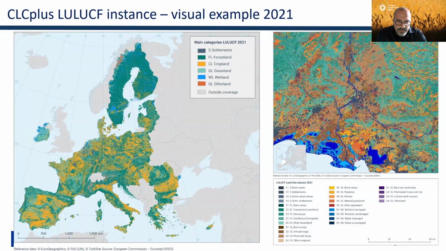This is not to show any specifics in terms of content, but just to show that on this data set on the right-hand side, we see a little zoom in southern France, where you can see that we also get some categories. But of course, this is 100-meter data. So if you were to zoom in even further, you would realize that the 10-meter backbone data is of a higher spatial resolution than this data set.